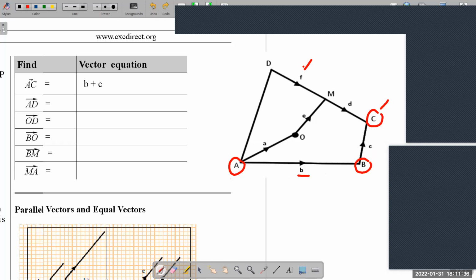So really, the vector equation uses the common letter to tell us how to get from the starting point A to the ending point C. That's how they end up with B plus C.